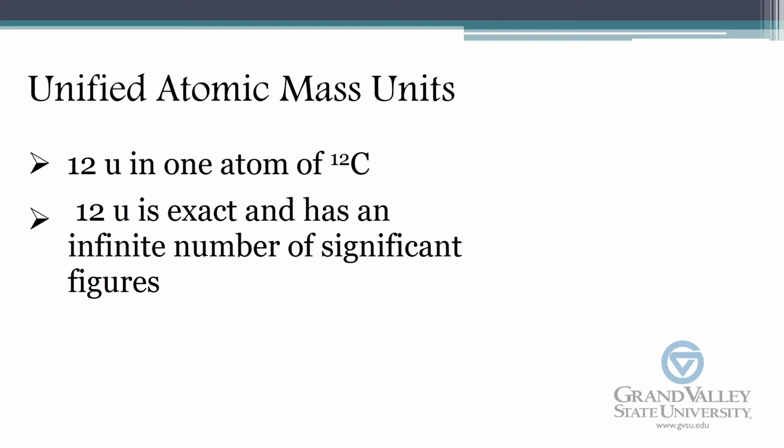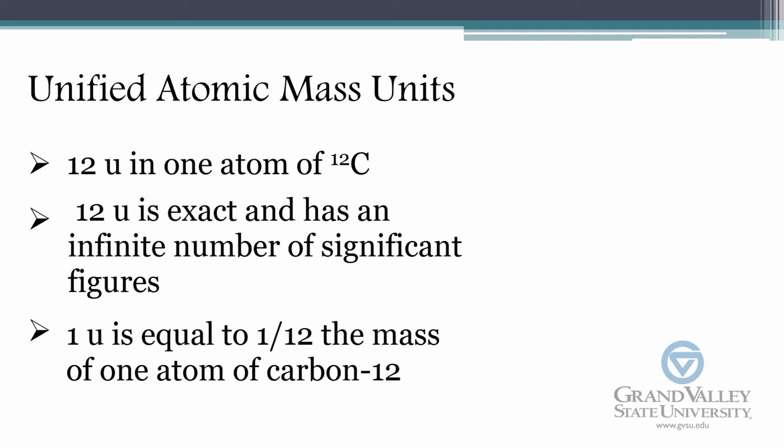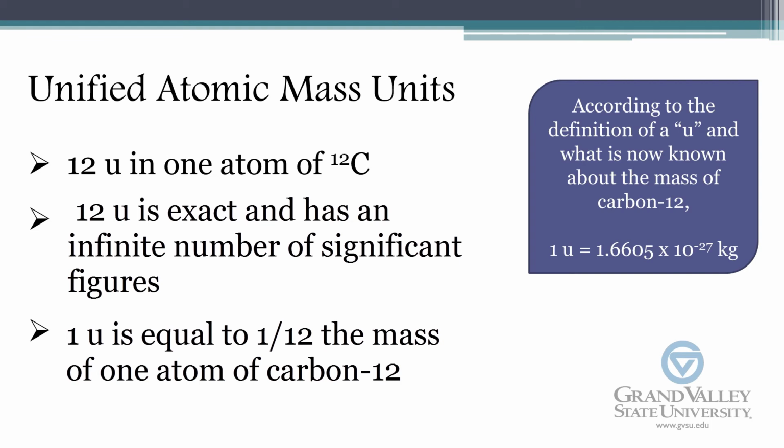The value of one unified atomic mass unit is equal to 1/12 the mass of one atom of carbon-12. This also means that anything measured in unified atomic mass units is then proportional to the mass of carbon-12. For example, if there was an atom that was roughly twice as massive as an atom of carbon-12, it would be equal to roughly 24 unified atomic mass units.